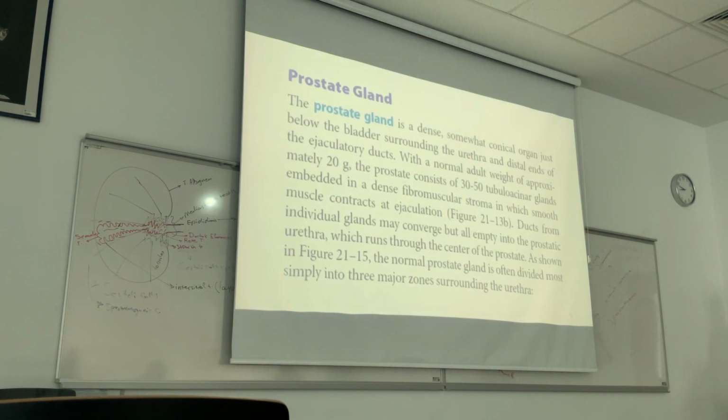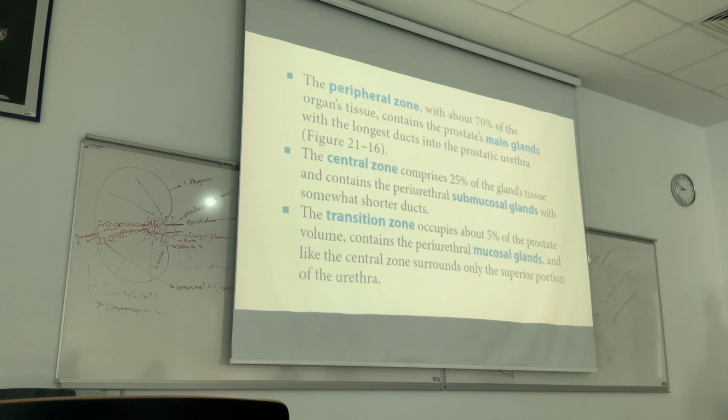What is the prostate gland? The prostate gland has the peripheral zone, central zone, and transitional zone. In the peripheral zone, we have 70% of the main glands of the prostate gland.